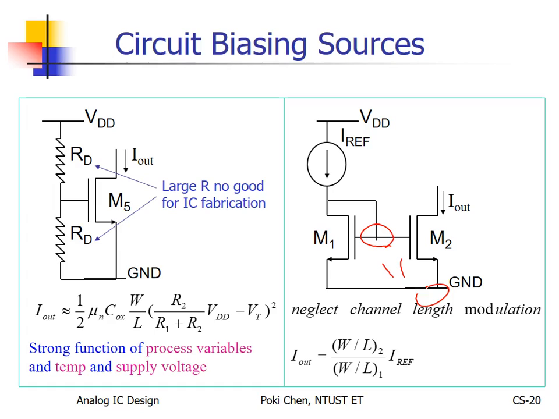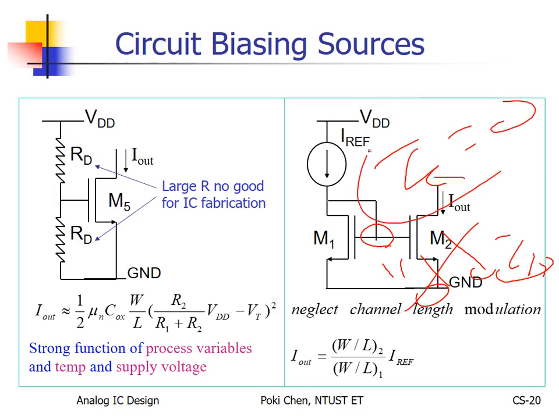Instead, B to E actually needs to be forward biased, so it conducts IB in BJT. But right now, IG equals 0. So what is the advantage? We don't need to worry about the bias current. It means the mismatch between I out and I reference can be reduced. Is it correct? From this aspect, yes.